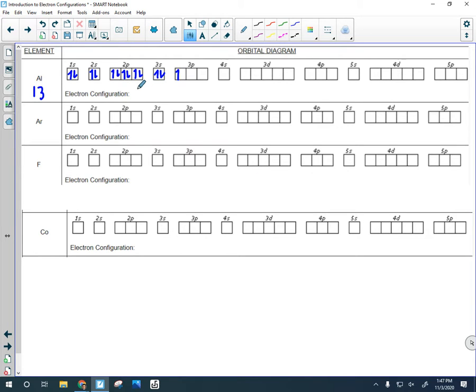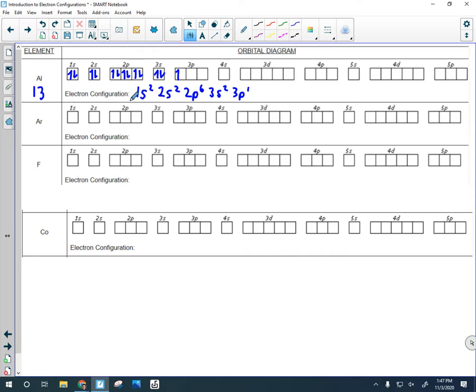So our configuration is going to be 1s2, because the 1s orbital has 2 electrons, 2s2, 2p6, 3s2, and 3p1. Okay.